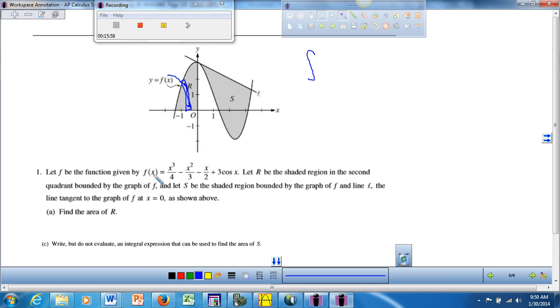Well, they told us it's the function, right? So the top function is f of x. What's the bottom function? Y equals 0 is the bottom function. So when we set up our integral, we're going to have the integral from somewhere to somewhere of f of x minus 0 dx. Now, do you have to write minus 0 for me every time? No. But I need you to understand that we're still doing top minus bottom. Just the bottom in this case is y equals 0.